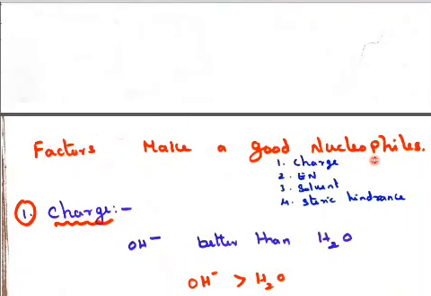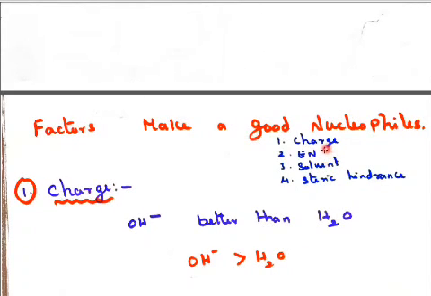The factors affecting good nucleophiles, I said, are four: charge, electronegativity value, solvent, and steric hindrance. Solvent we are going to see in the SN2 mechanism and SN1 mechanism. First, let us take them one by one. Charge. Learn these things properly. You can write all the competitive exams. Don't think always of the NEET exam or JEE exam.